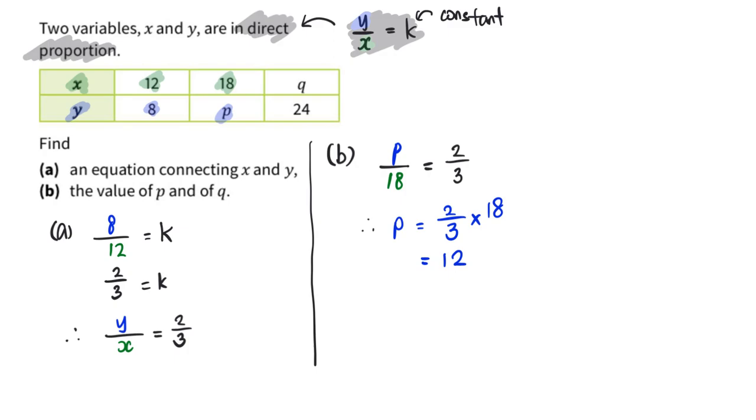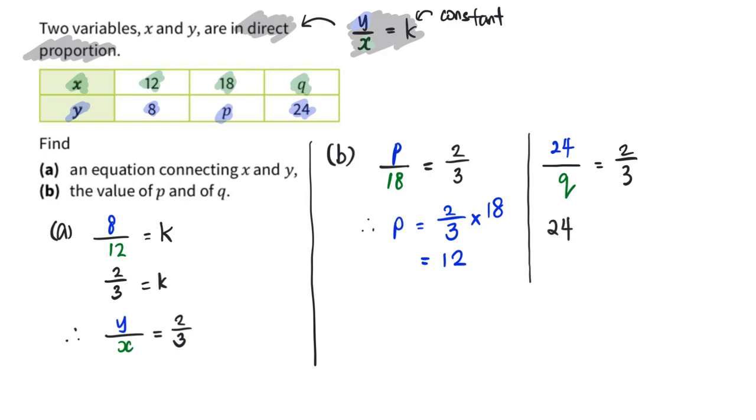And for q, again, q is the value of x when y is 24. So you will see me substituting into the formula. 24 over q is equals to 2 over 3. So I would multiply by q on both sides.